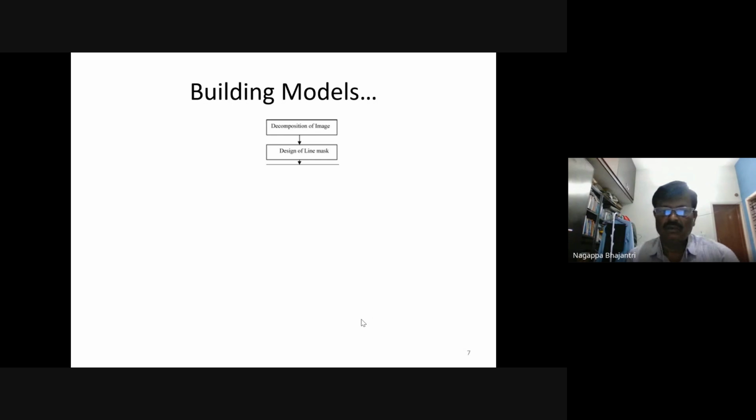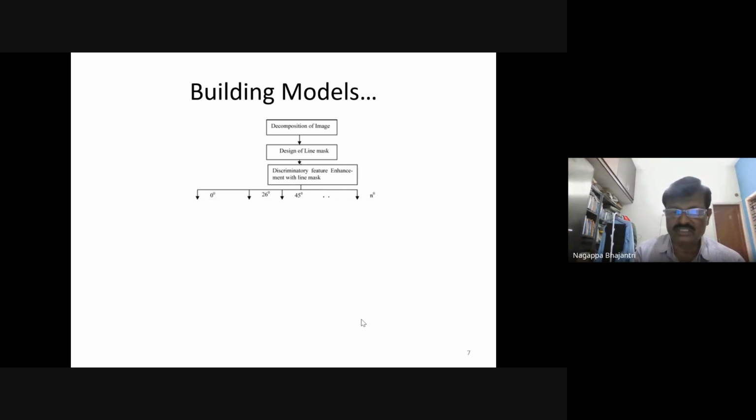The simple global way is, given an image, we can decompose it into disjoint partitions and design a line mask. That line mask will help us discriminate the normal as well as the camouflage portion. The line mask has an angle, which could be 0 degree, 26 degree, 49 degree, for example.